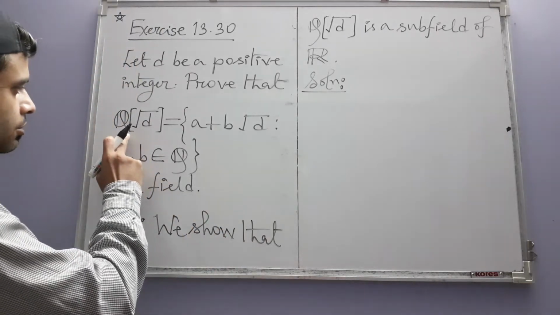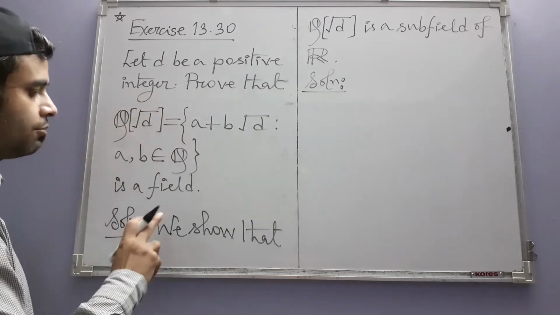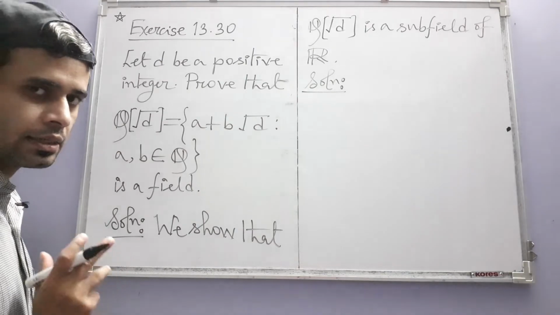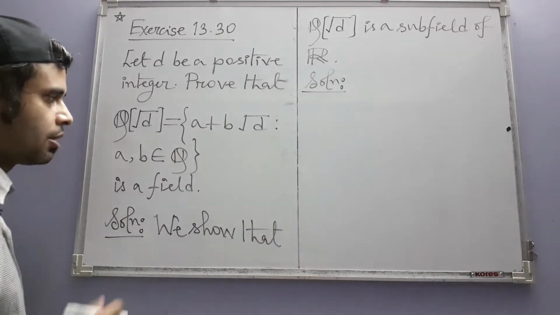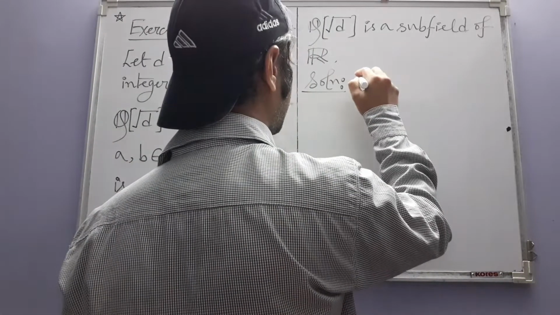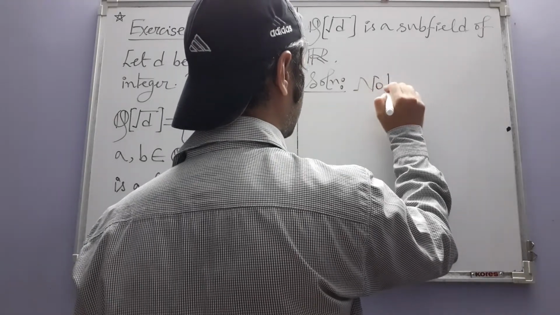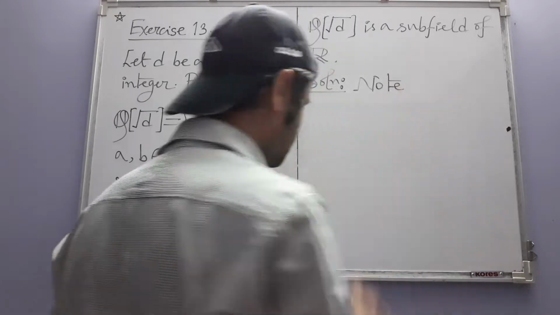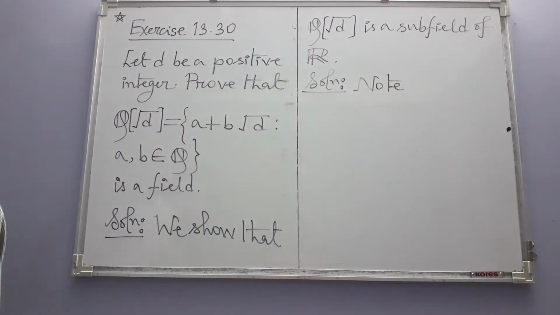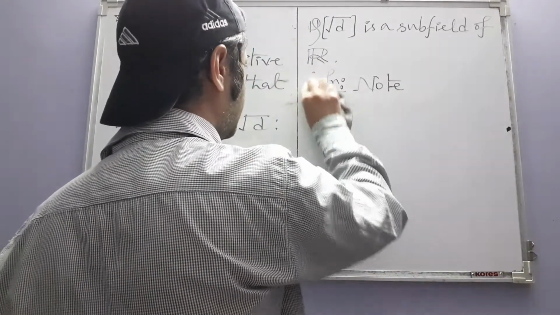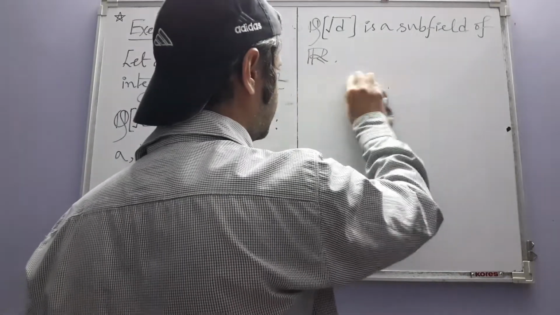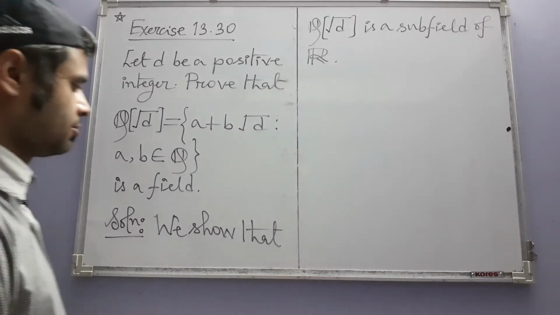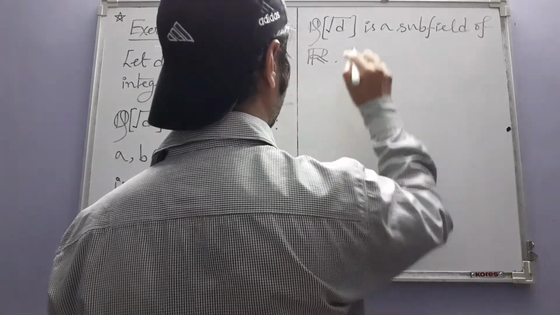You have to also show that this subset of R has at least two elements. That should also be there, which however is rather easy. I'm a little absent-minded today. Already I have written solution and again I am writing solution. Sorry about that. Is a subfield of R.